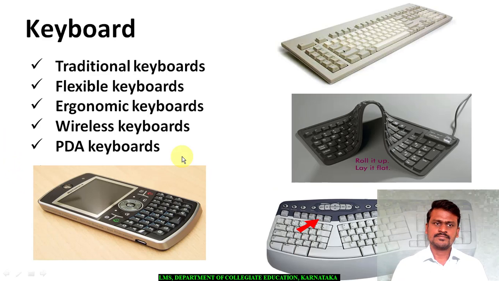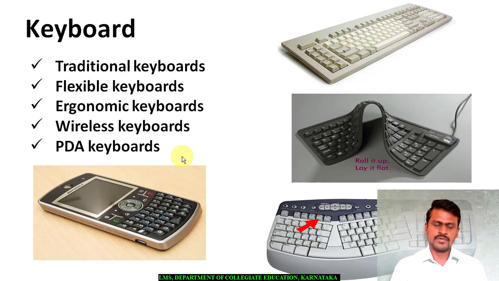First one is keyboard. As we all know, keyboard is generally used for the purpose of typing. Whatever you want to type, whether it is an integer value, a character value, or any alphabets, uppercase or lowercase letters, that needs to be done using the keyboard only, because the keyboard is the only device that supports all these kinds of input.